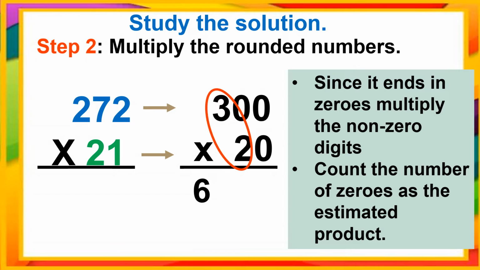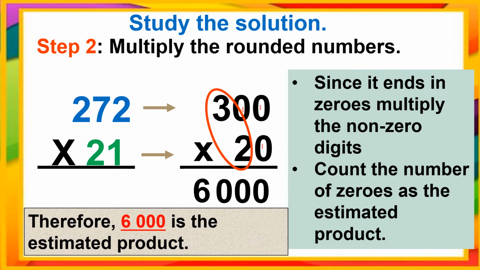Let's count the zeros: 1, 2, 3. These 3 zeros will be written in our product. Therefore, 6,000 is the estimated product of 272 times 21.